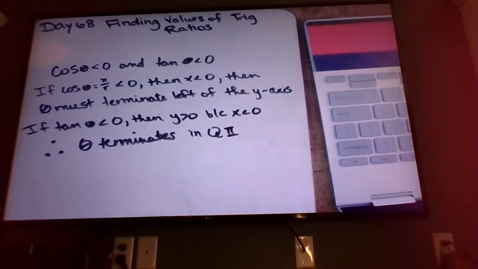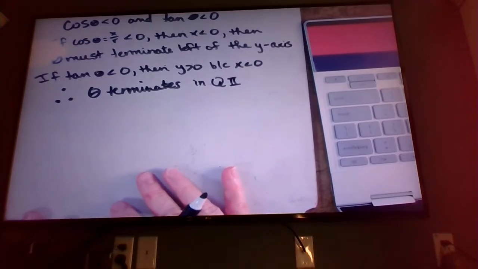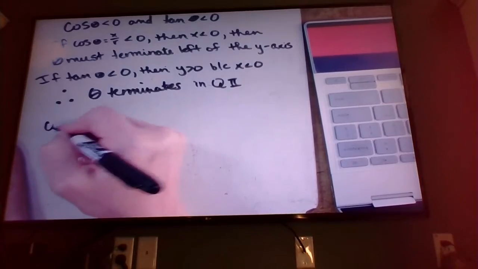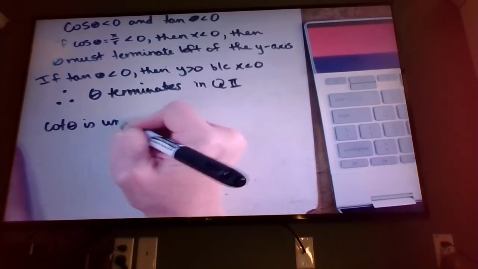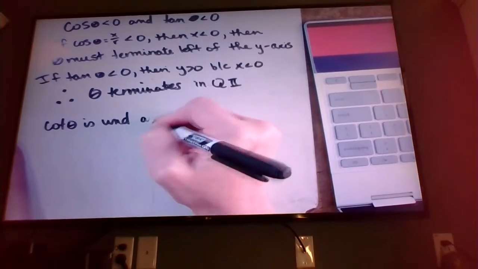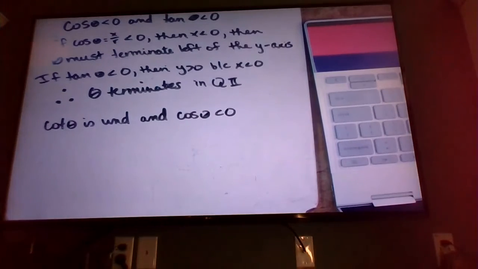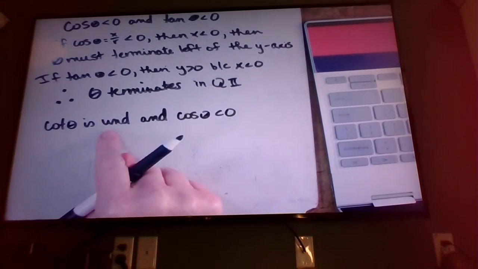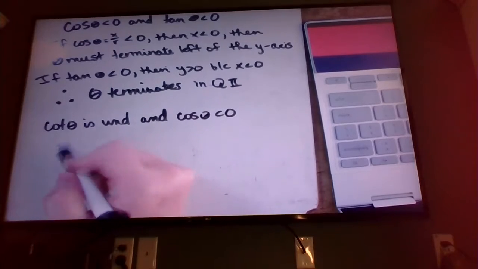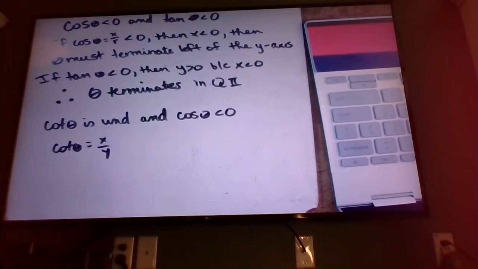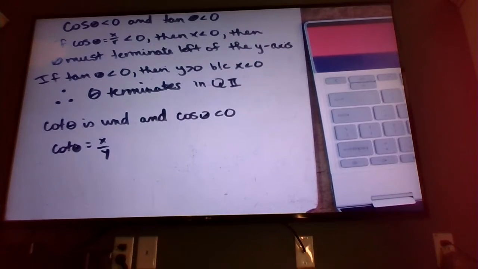We could say, what if the cotangent of theta is undefined and cosine of theta is less than 0? I may not write this one out completely, I may just talk, because you can pause and write as I talk. Well, cotangent of theta is x over y, but it's undefined, so y has to be equal to 0, because you'd be dividing by 0, and division by 0 is undefined.